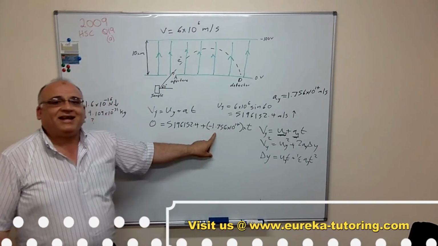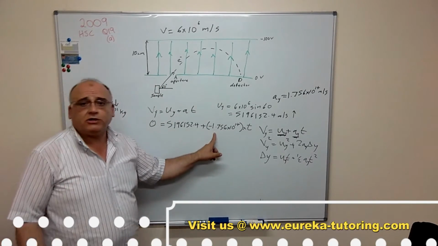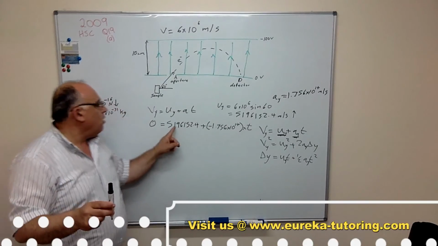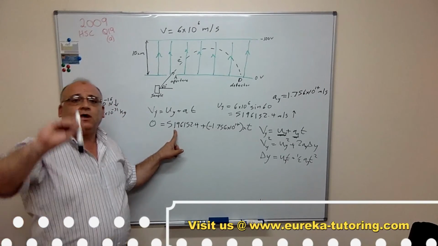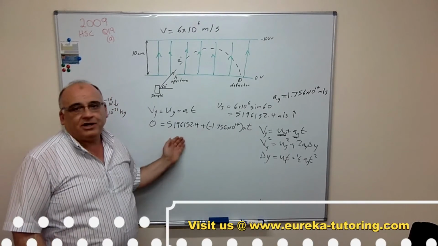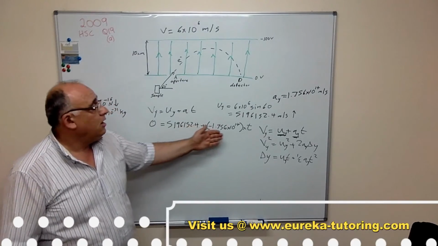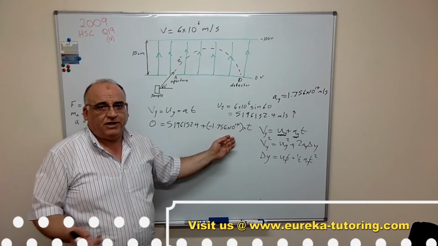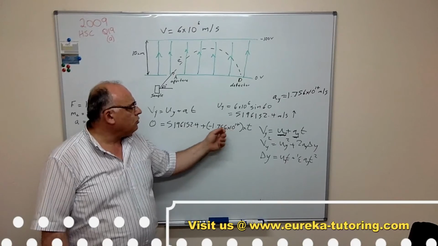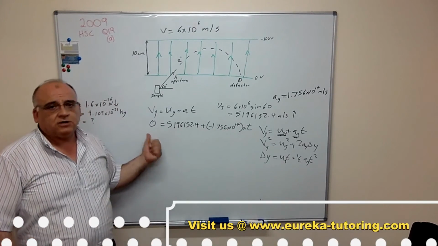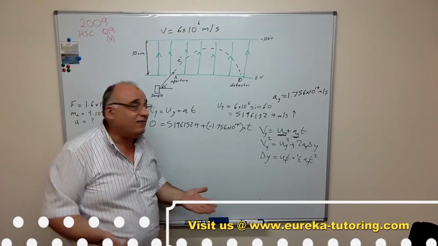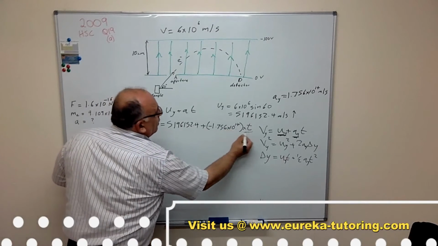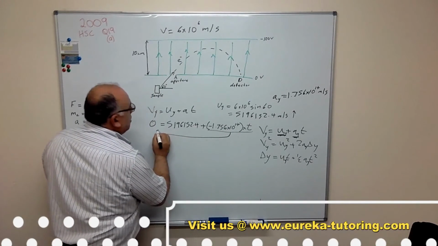If you notice, I've taken it as negative acceleration because acceleration is down, while our initial velocity was up. So this is the direction. Don't forget, velocity and acceleration are vectors, so we need to put direction. Also, when you move this across to that side, it makes it mathematically correct because you can't have a negative time. So I'm going to move this all to this side.